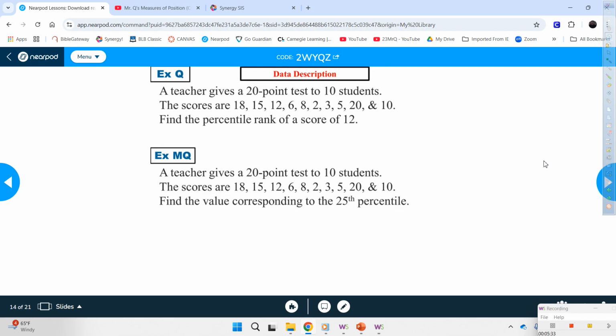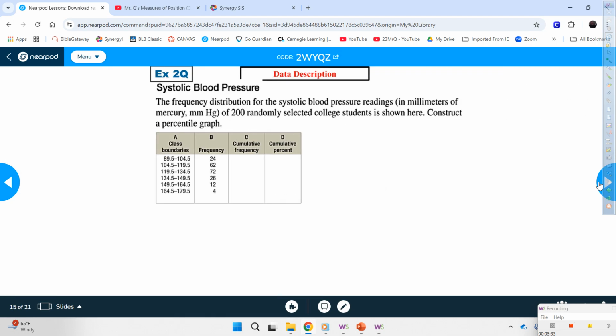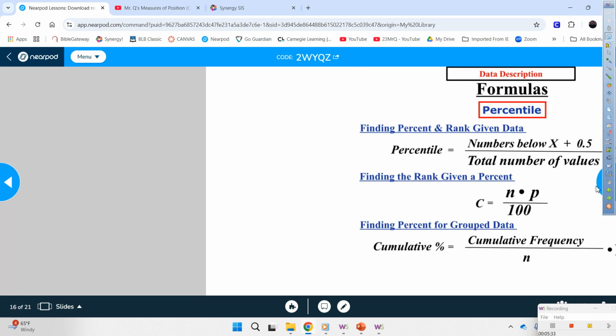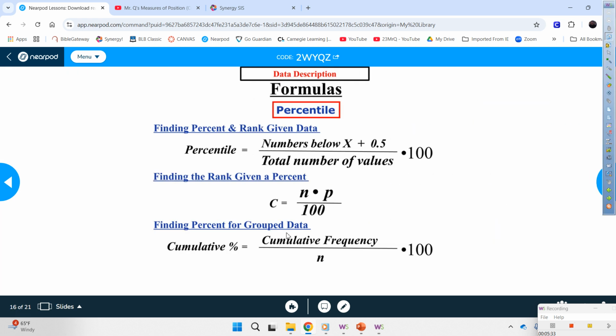However, that is fine and dandy, but what if I gave you something like this? That wouldn't work. So you need a new formula. Write this formula down, please. Finding percent for group data, which is this last one. Write it down, please. Finding percent for group data.